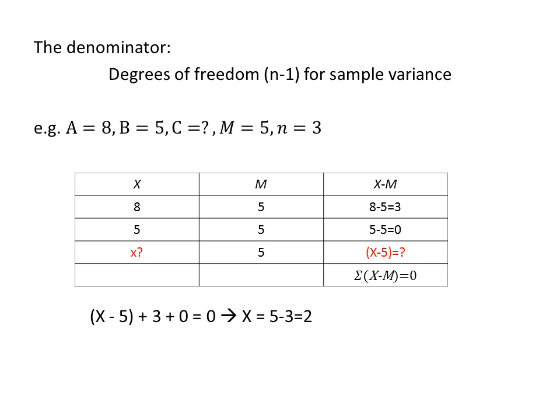The degrees of freedom for sample variance means if you know the mean, the value of all scores except 1, and you can predict the last score. We're using the same example from the previous slide, A, B, and C, except this time we don't know the score for C. And we still know the mean is 5 and the sample size is 3.